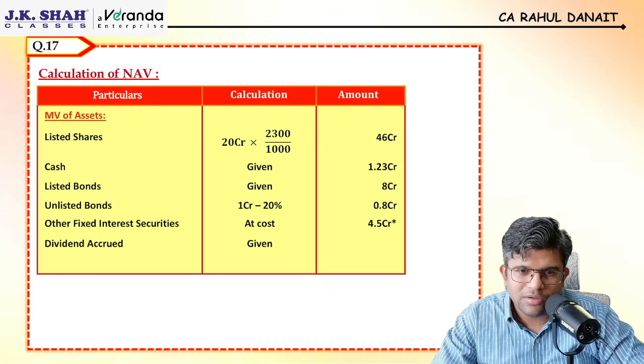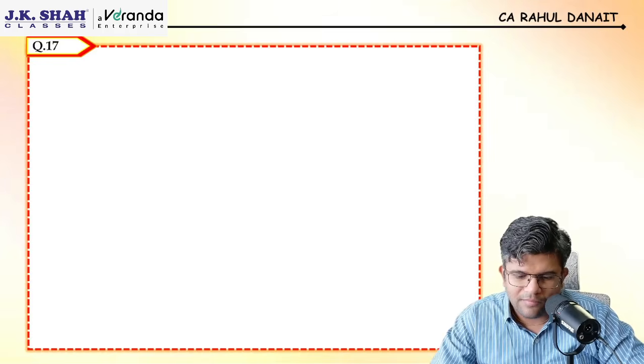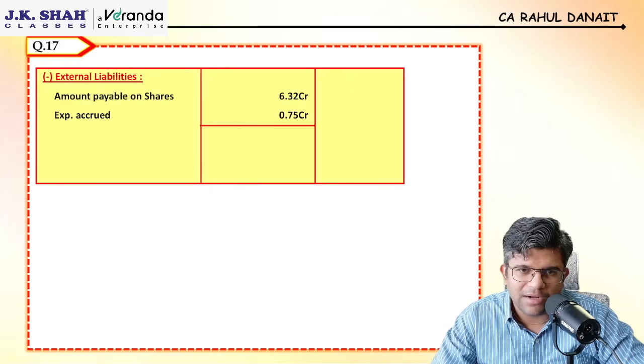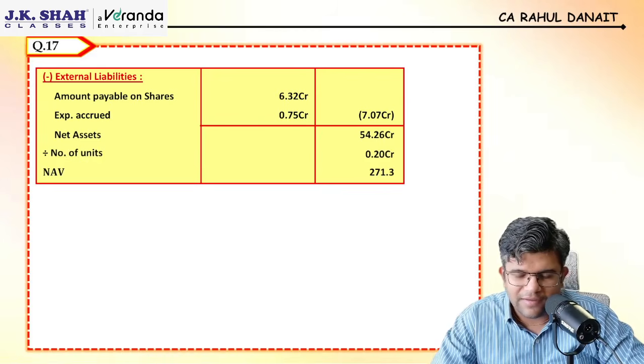Dividends accrued, given. That gives you total market value of assets. Minus the external liabilities. There are 2 external liabilities, students. We will subtract those, and that will give you your net assets. Divide by number of units, 0.2 crores, and that gives you NAV.